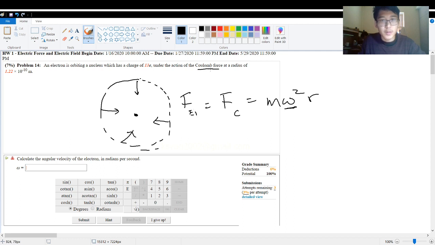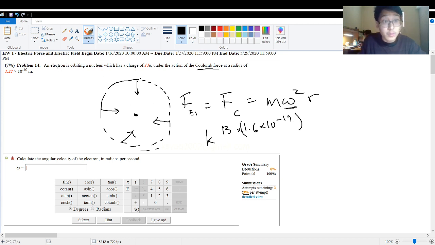So we can calculate the Coulomb force with what we have. The Coulomb force is a constant times the two charges. So the charge is 13 times the charge of an electron, which is 1.6 times 10 to the negative 19, times the charge of the nucleus.